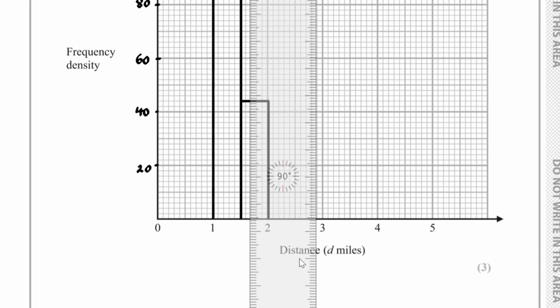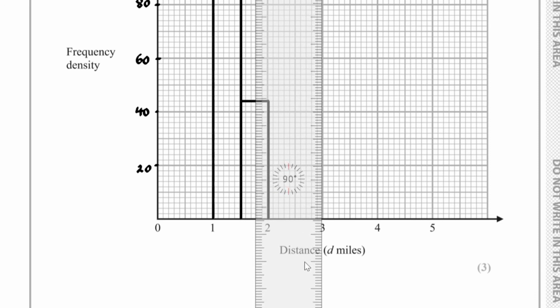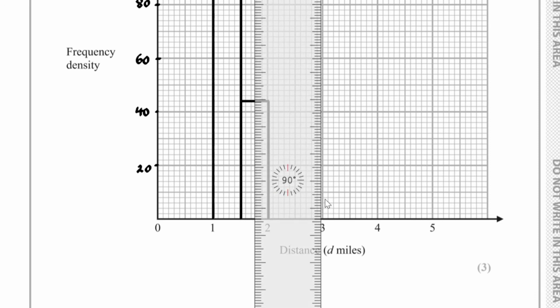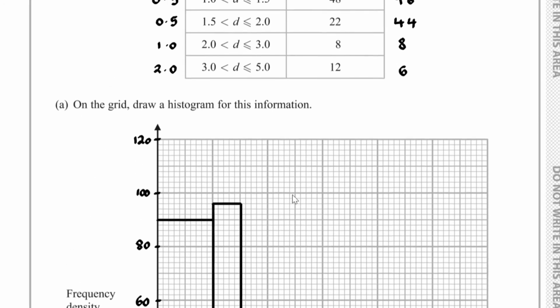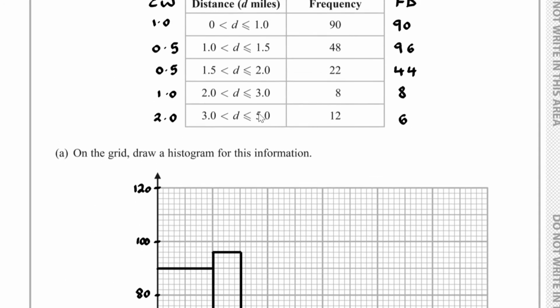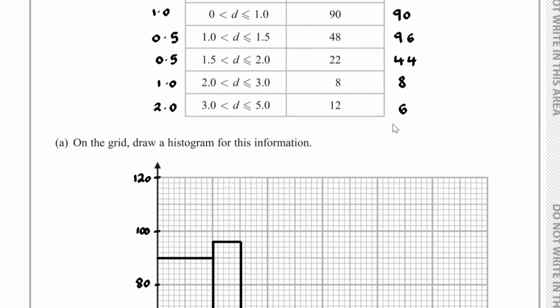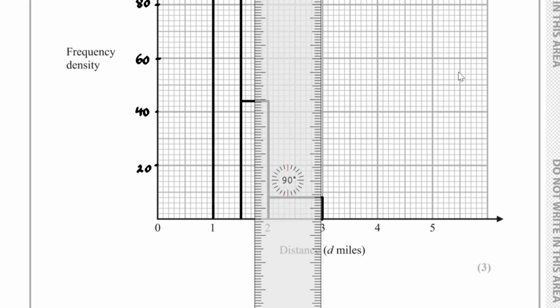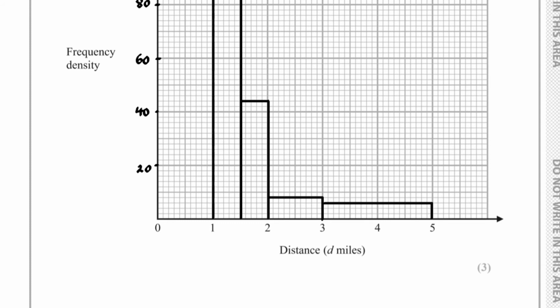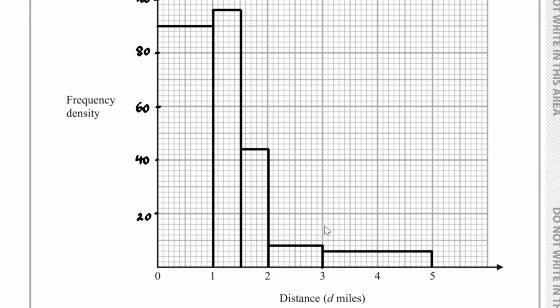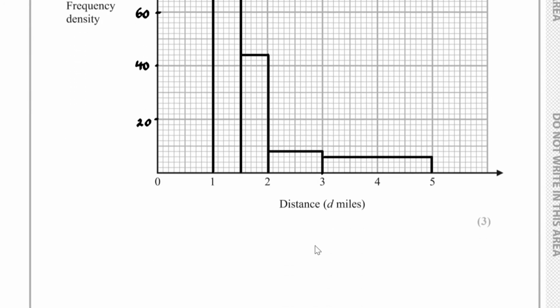So if I draw 8, I've got 2, 4, 6, 8 up to here, and then draw it across, and then I've got 2 and 6, so that takes me up to 5. So now draw a horizontal line across. So here is our completed frequency density histogram.